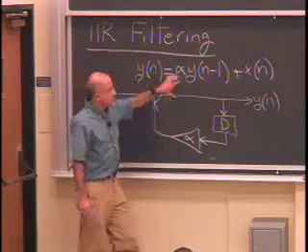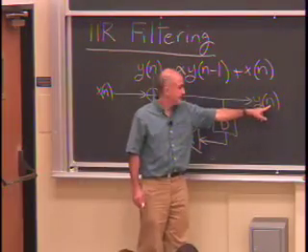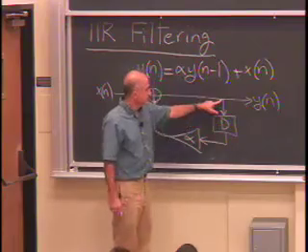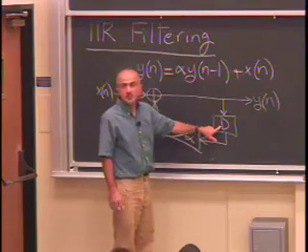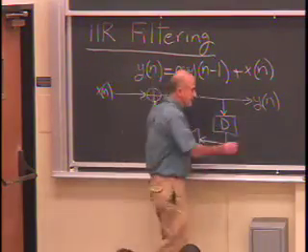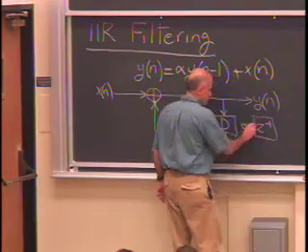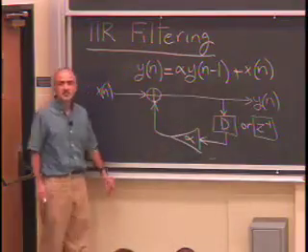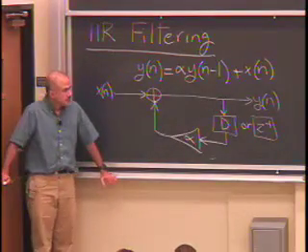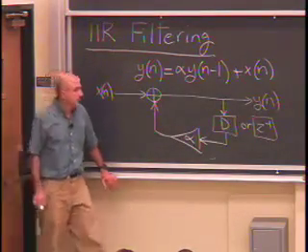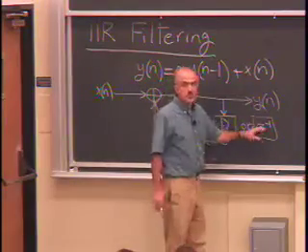You've got the output at any given sample n. It's equal to its delayed version. So this is a unit delay block. Sometimes delay blocks are represented with a z inverse. And the terminology has to do with z transforms, which is a topic in 120. But it doesn't really matter what you call it.